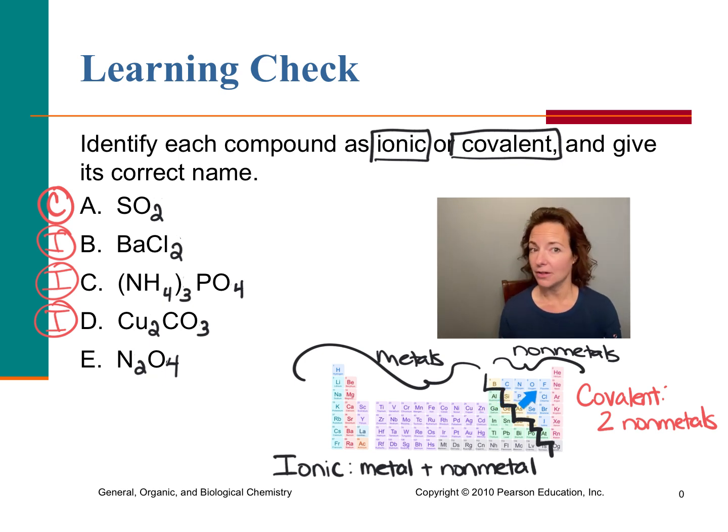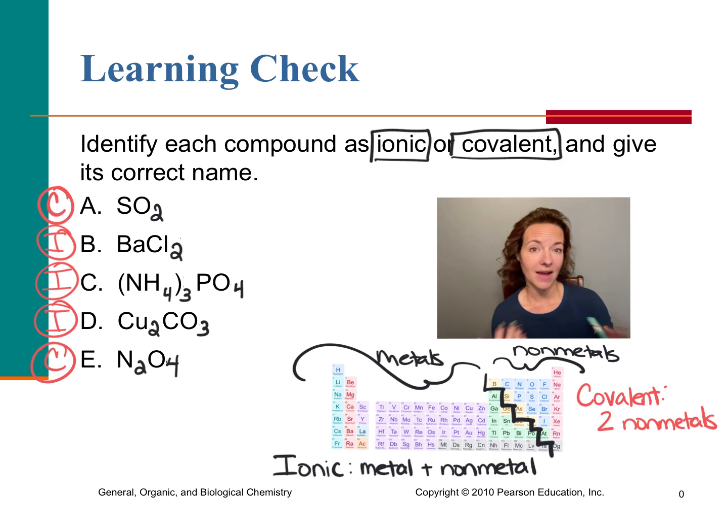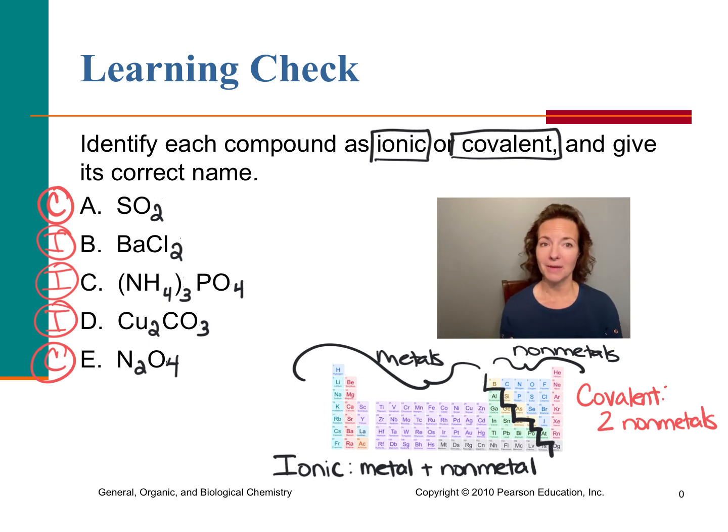Oxygen, find it on your periodic table. You'll notice they're both on the right side of the periodic table. 2 nonmetals, covalent compound. Go ahead, take a minute, pause the video, see if you can name each of these compounds with their correct names, now that you know if you're naming it as an ionic compound or if you're naming it as a covalent compound.